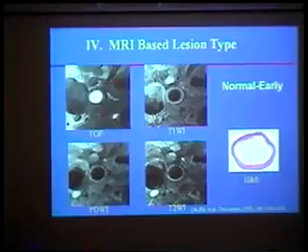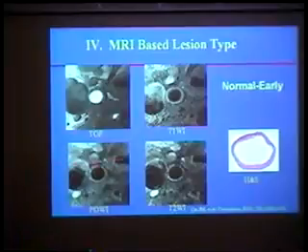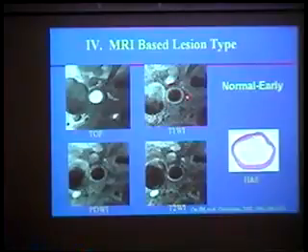Usually those are labeled as fatty streaks, a deposit in the arteries, and we cannot tell the difference between those two. So we combine those into one group, and their appearances are shown here. Basically, it's a wide open dark lumen, and you see a relatively uniform bright ring surrounding it.